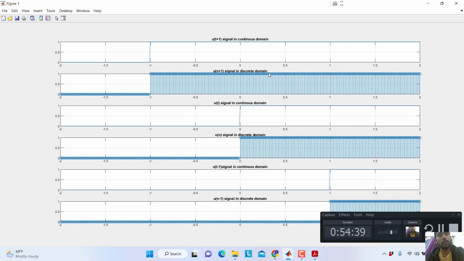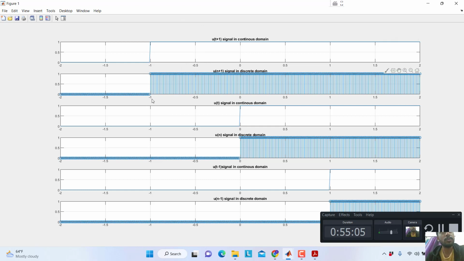The first curve shows u(t+1). In the time domain we consider a time interval from minus 2 to plus 2 with a spacing of 0.01. So it will be 1 from minus 1 to 2, and 0 from minus 2 to minus 1. That is the continuous domain.